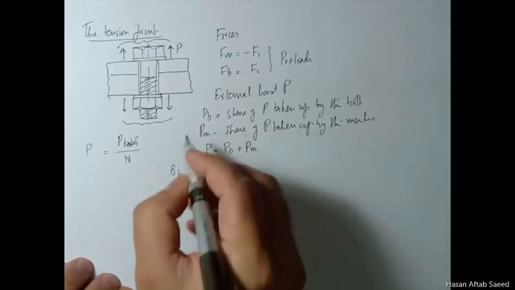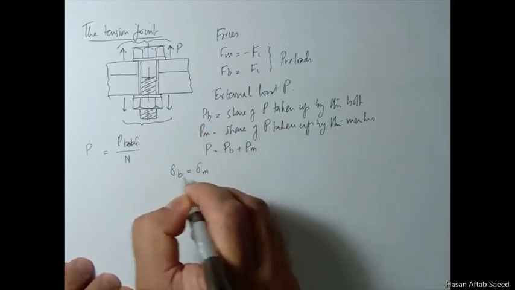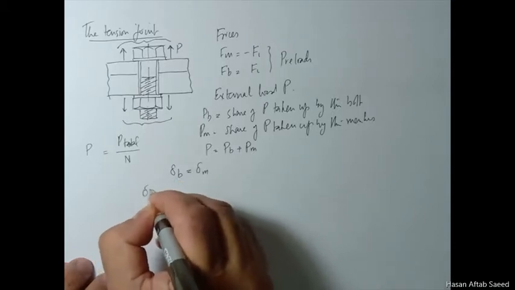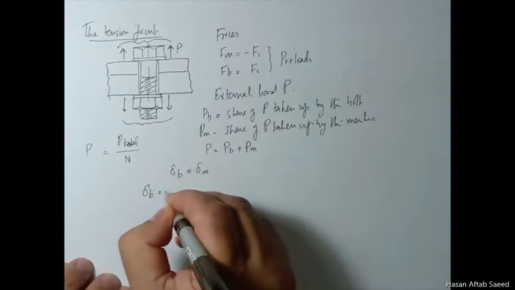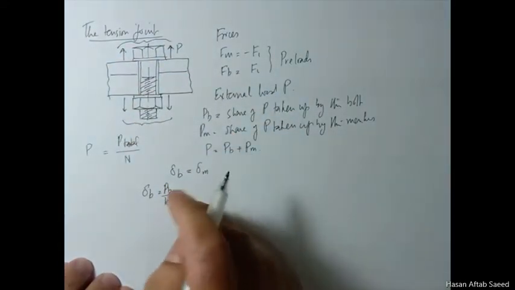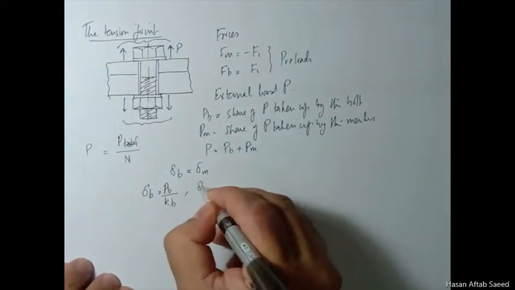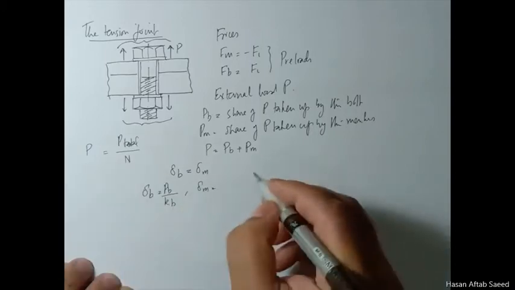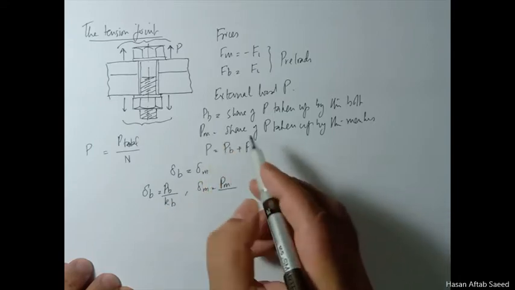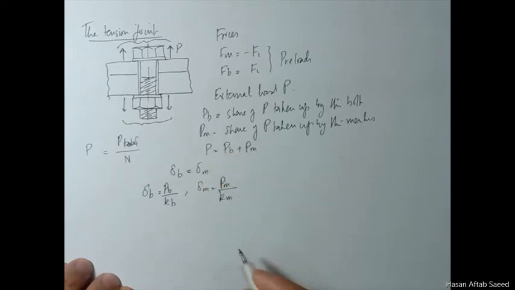It is very easy to write this delta B and delta M in terms of forces and stiffnesses. Delta B is PB over KB. KB is the stiffness of this bolt. We know how to calculate these. Delta M is similarly force taken by the members divided by KM.